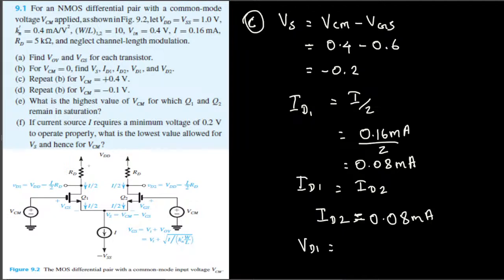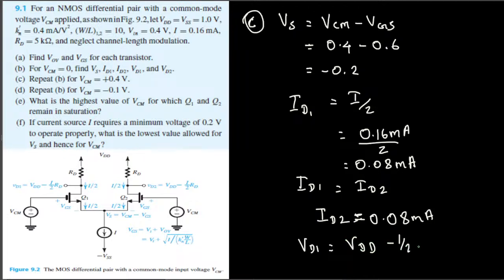That current should be equal to this voltage minus this voltage divided by the resistor in between. So VDD minus VD1, divided by RD, should be equal to the current, which is I divided by 2. Then you rearrange it in terms of VD1 and you will get the equation back.